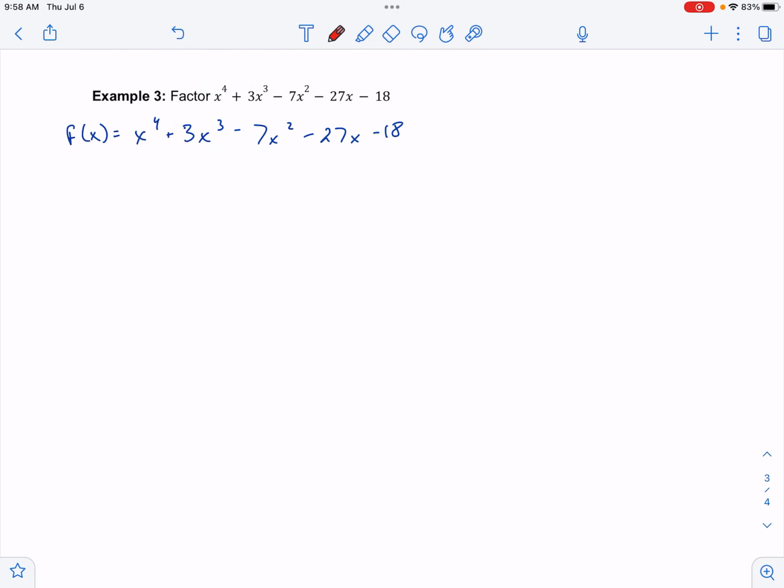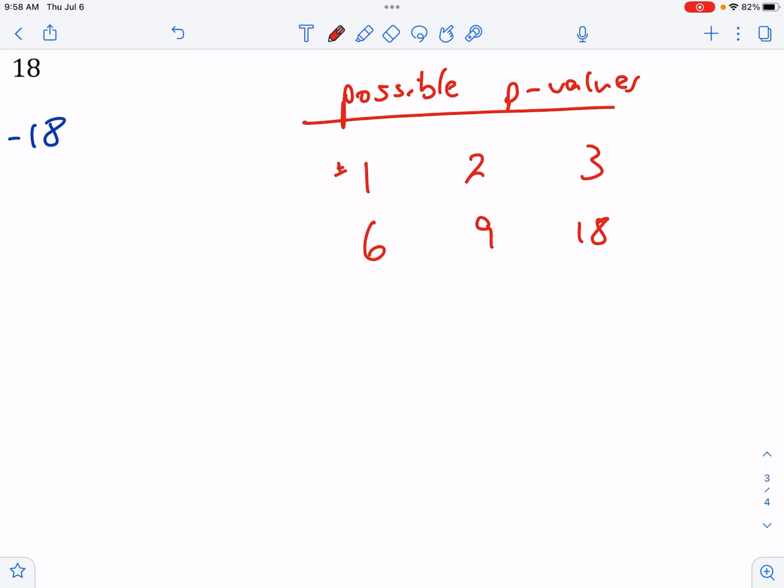All right, possible p-values. For 18, include 1, 2, 3, 6, 9, and 18. Perfect. And all of these can be positive or they could be negative.